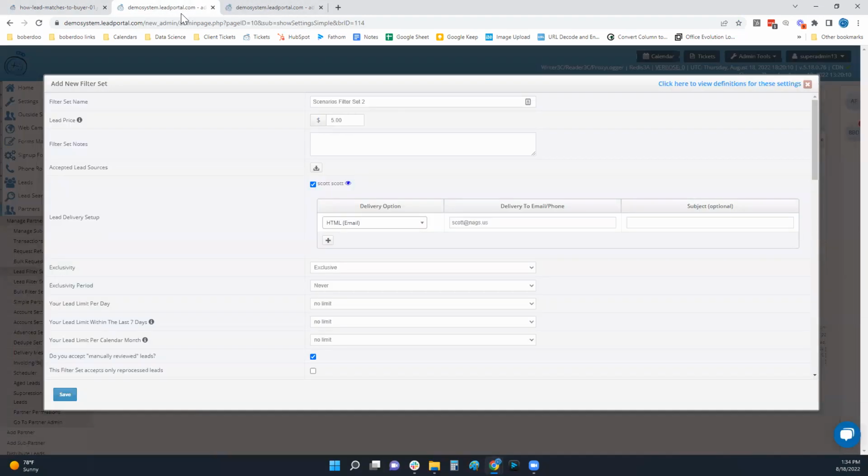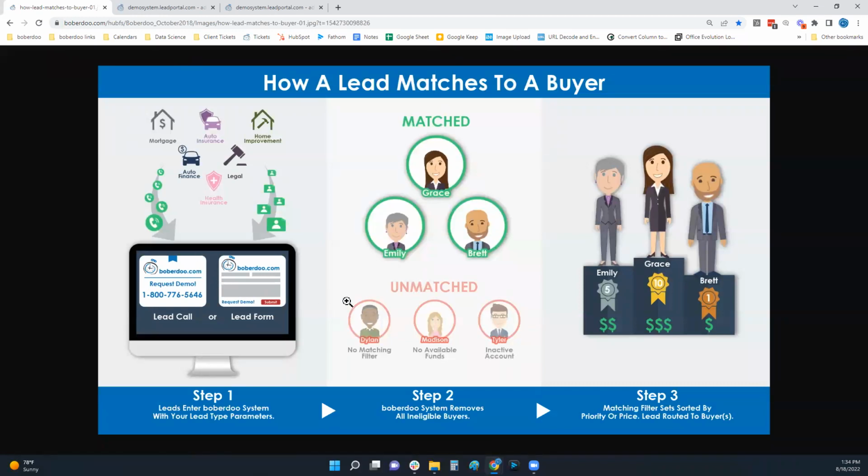Now, the next use case that we cover gets a little bit more complicated because we are talking about a non-exclusive delivery. So the ping comes in. Now, let's just say it matches. Great. Emily and Brett are non-exclusive. Grace is exclusive. Again, Grace is at $10.